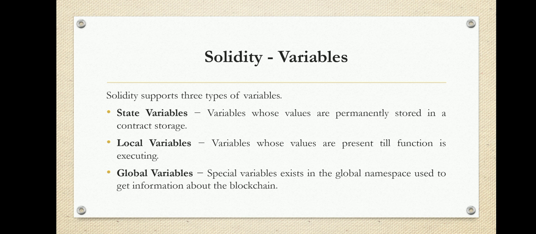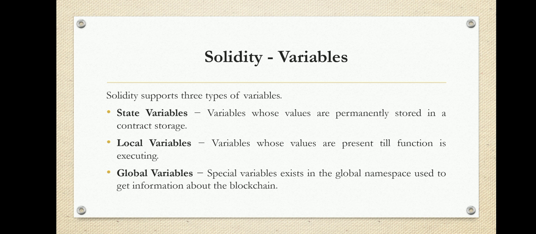Then we have global variables. Global variables are different compared to other programming languages. In other programming languages, once we declare a variable outside the main, that is a global variable, and it can be used in the entire program. It is not like that here.